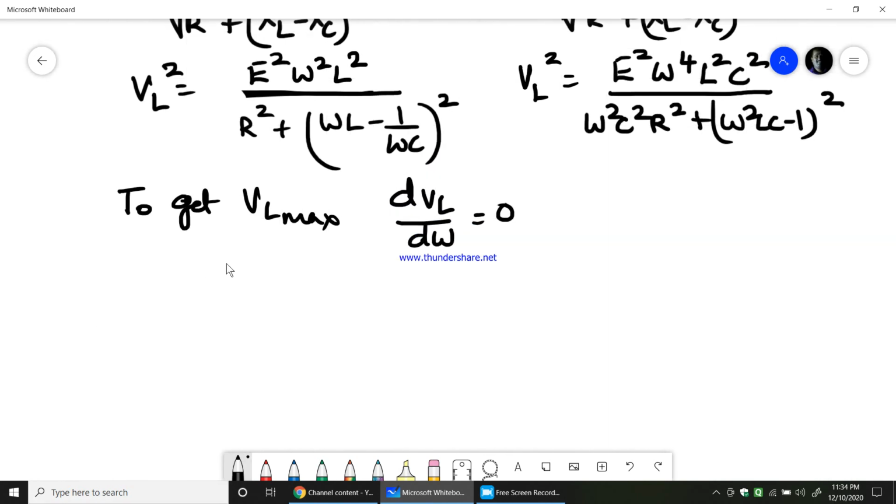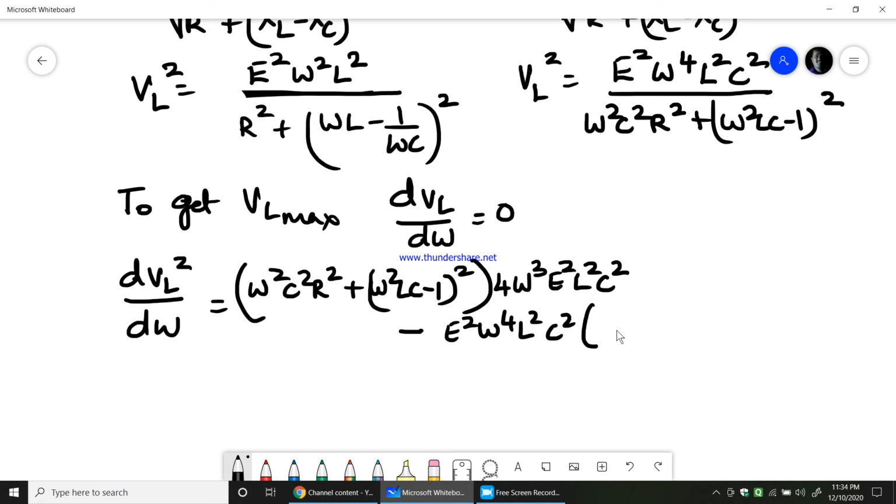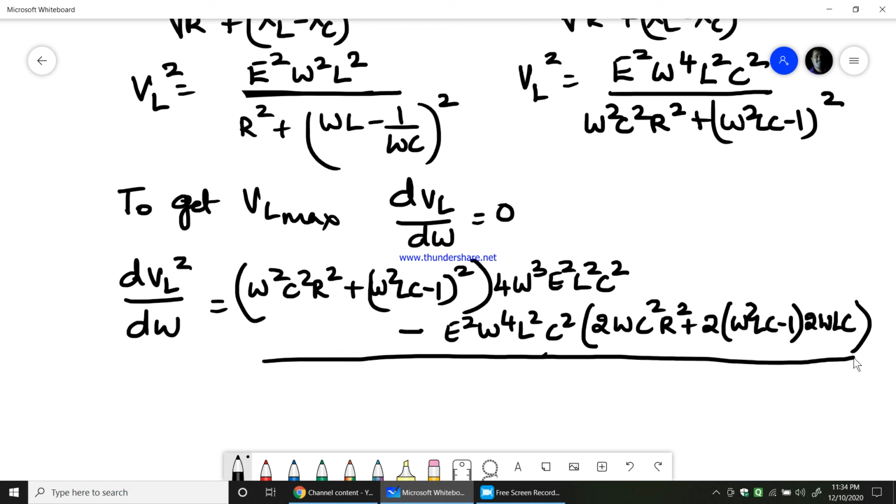Therefore, dVL square by d omega would be equal to (omega square C square R square plus omega square LC minus 1) the whole square, multiplied by 4 omega cube E square L square C square, minus E square omega to the power of 4 L square C square into (2 omega C square R square plus 2 into (omega square LC minus 1) into 2 omega LC), the whole thing divided by this denominator squared, (omega square C square R square plus omega square LC minus 1) the whole square, this whole thing squared.